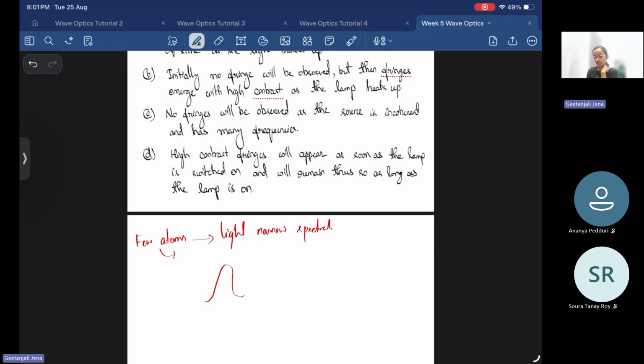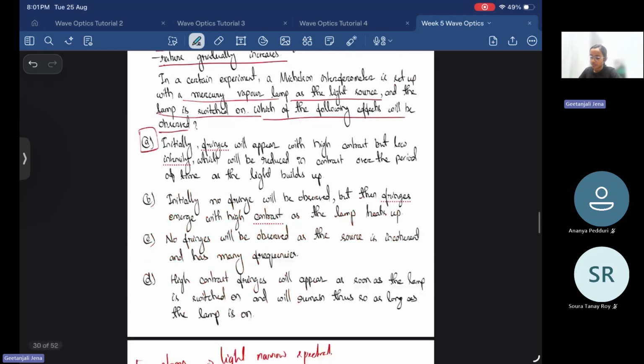Because of the broadening, the coherence length will now decrease, and because of that, the contrast will decrease. So initially the fringes will appear with high contrast, but as it goes on, the contrast will decrease. Yes, your explanation is also correct.